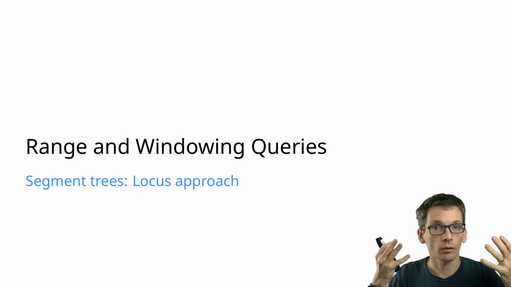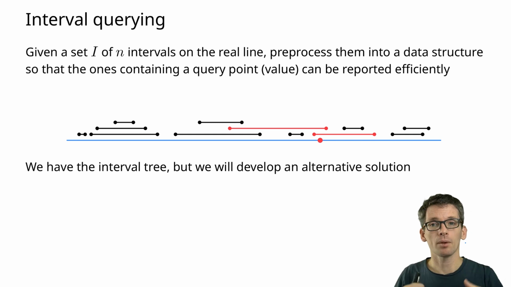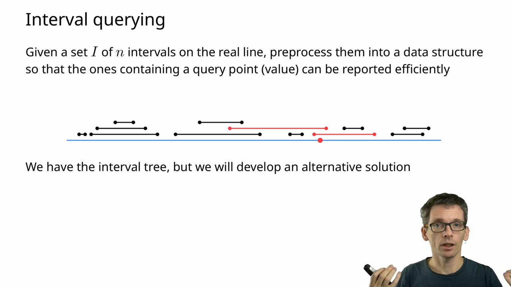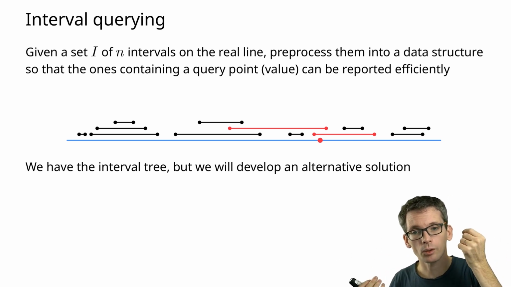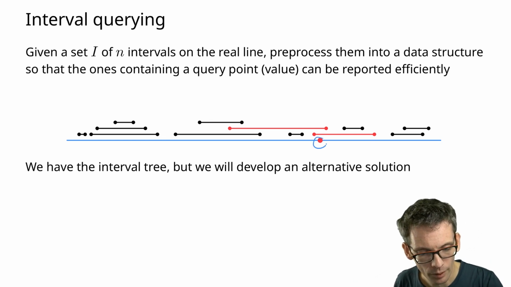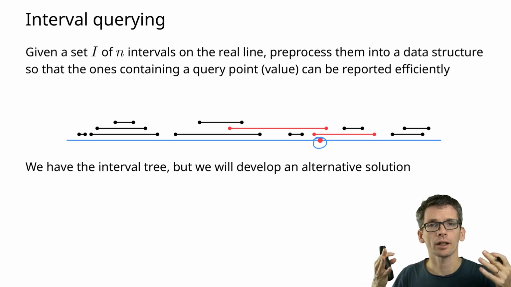This is the locus approach for the following problem, namely interval querying. We have this 1D setting of a set of intervals, and we're going to have a query point. Here's my query point, and I want to report all intervals that contain that query point.